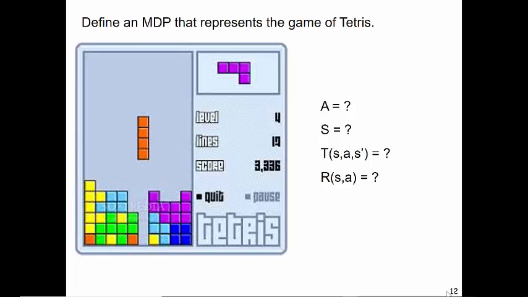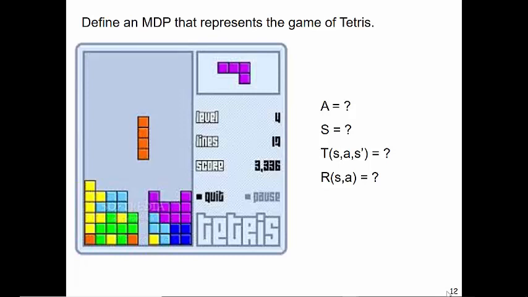Probably you want something to represent which boxes are filled, like the bottom half. You want that intersected with what piece you have and how it's oriented. So we'll think about the state space as a cross product of something.